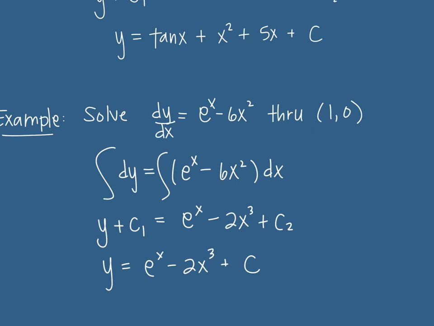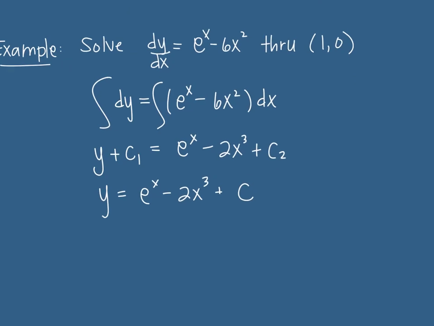And then we know that this has to go through the point (1, 0). So 1 is the value for x, and 0 is the value for y. So 0 equals e to the first minus 2 times 1 cubed plus C. So C ends up to be positive 2 minus e, which is a constant, because 2 is a constant and e is a constant, and so the subtraction of those two is a constant.